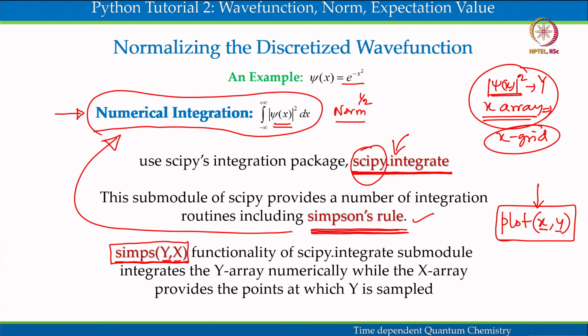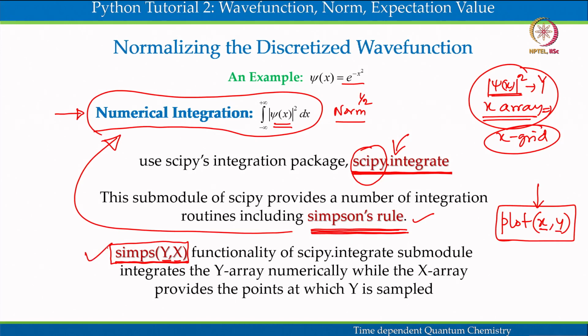The simps functionality of the SciPy integrate submodule integrates the y array numerically, while the x array provides the points at which y has to be sampled to compute the Simpson's rule of the numerical integration. So we will use this.